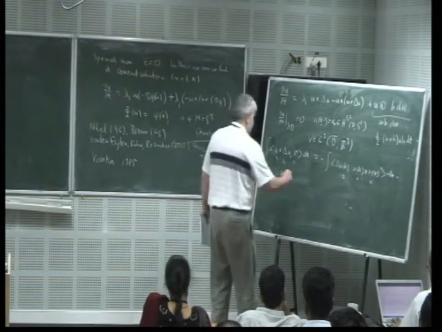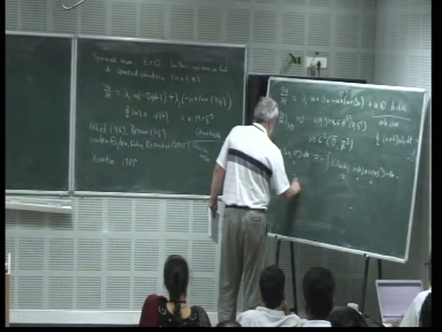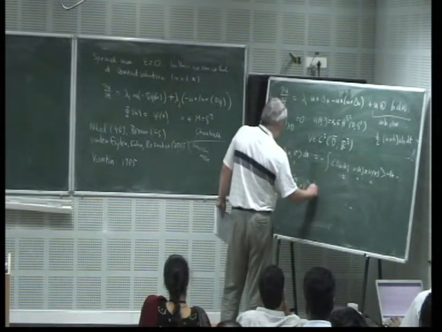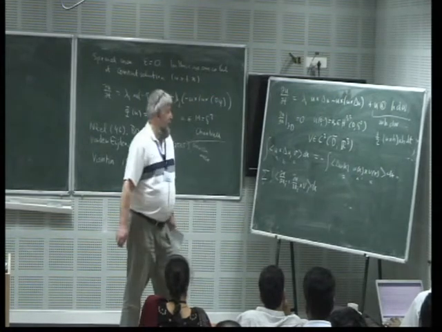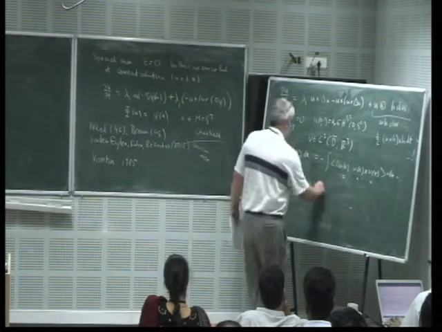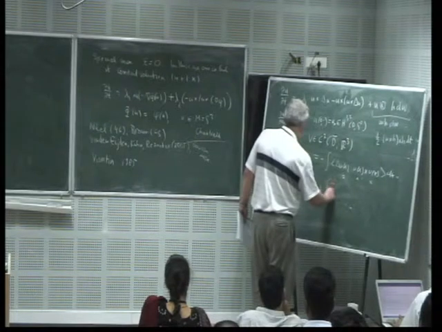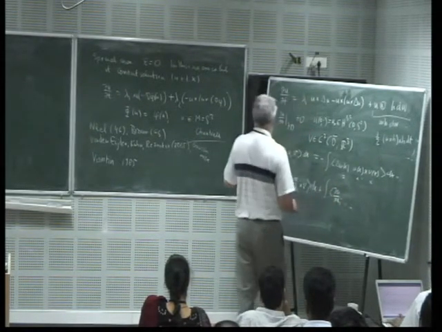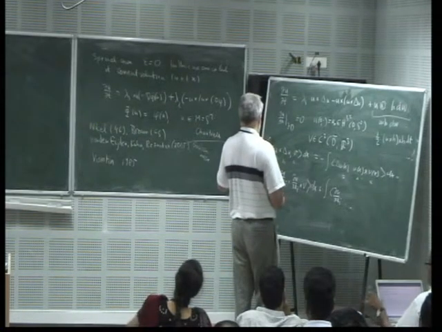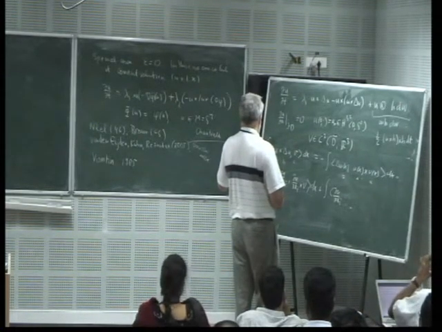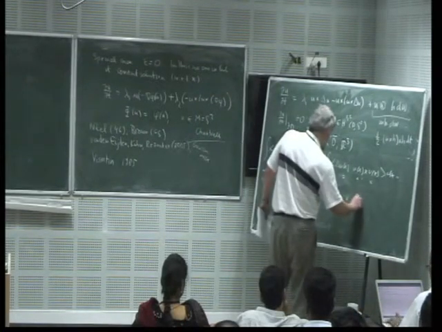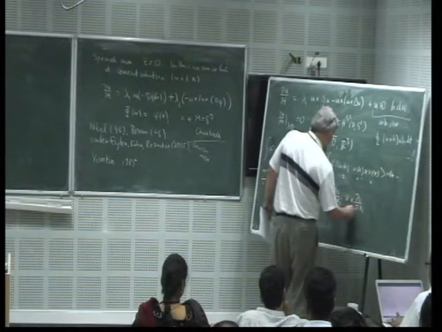So we'll have du over dxi vector product v dx, plus the same integral but u cross dv over dxi.